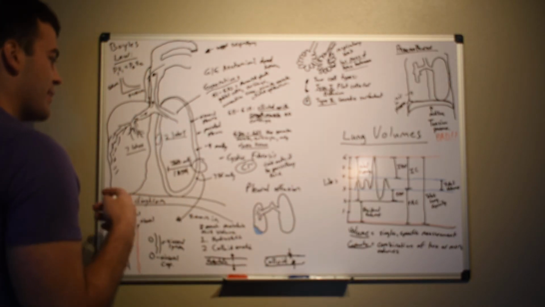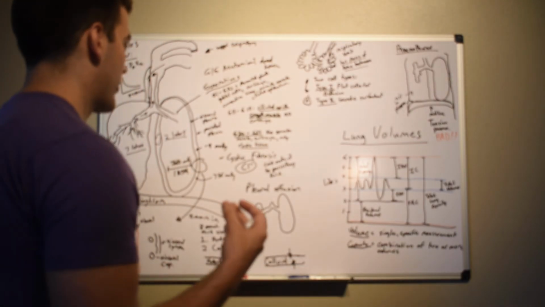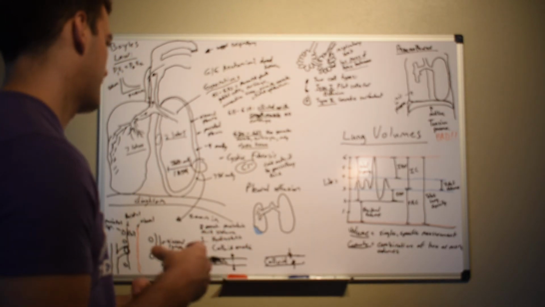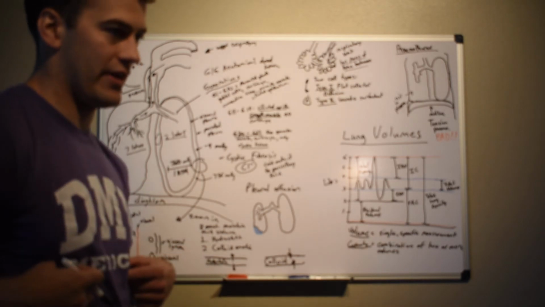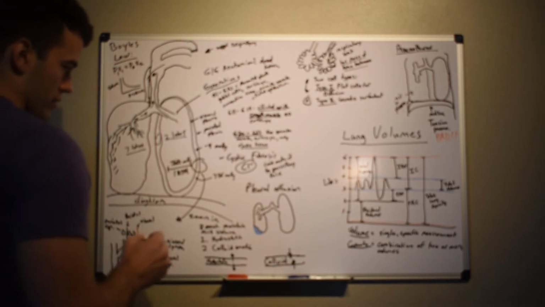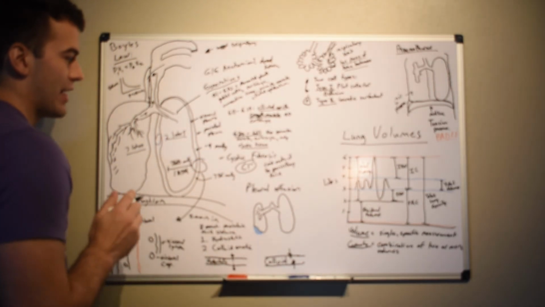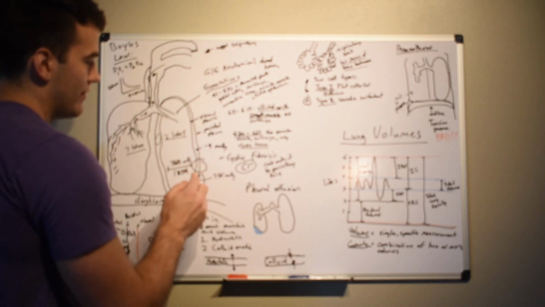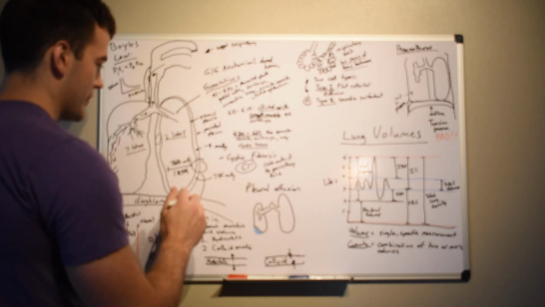And this space makes it so that the lungs actually never come into contact with the thoracic wall, which is important because it'd be very hard to move your lungs in and out if they were just attached to your actual thoracic wall. So we have a little bit of space in between the thoracic wall, which I've kind of depicted here, and our lungs. And that's called the pleural space, excuse me.